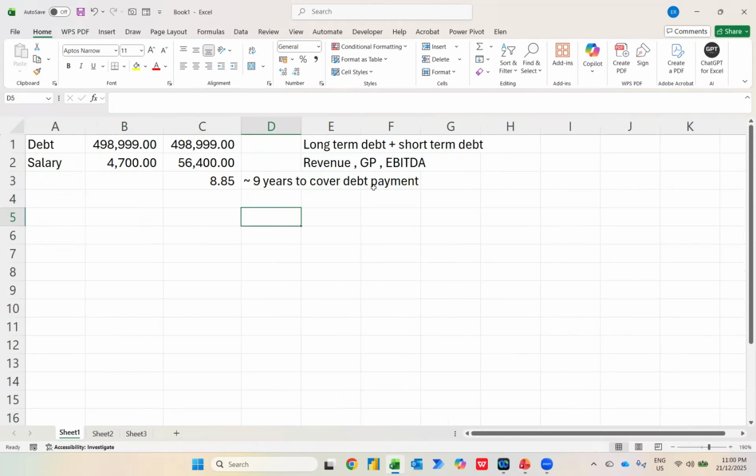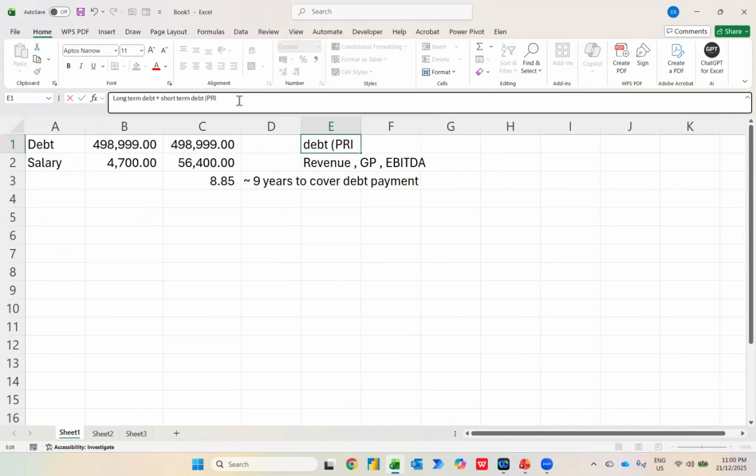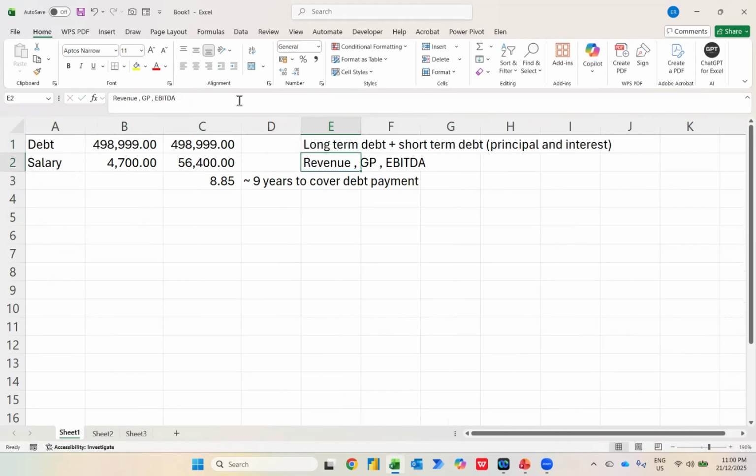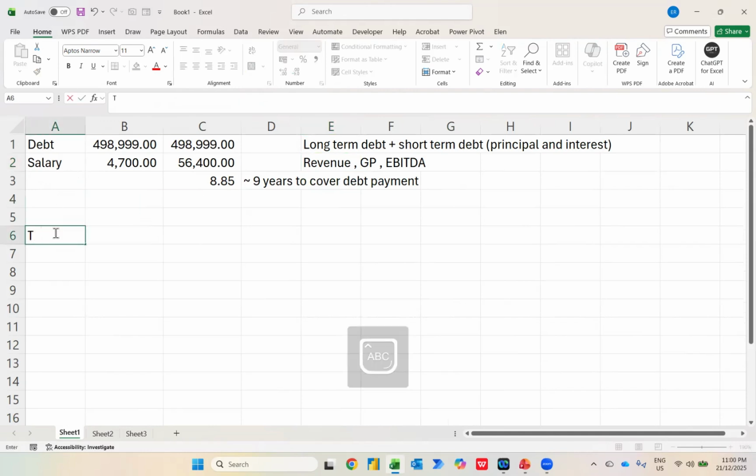And when you're talking about a debt payment, we are not talking just about the debt. We are also talking about the principal and the interest. To give another better understanding so that you can understand what is debt EBITDA, just say the total debt is about 100 million.